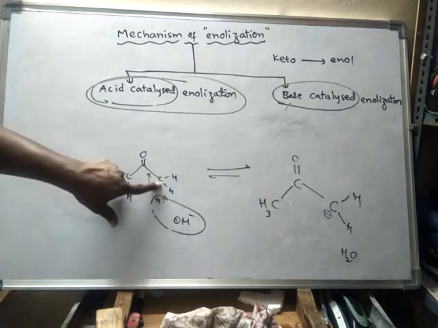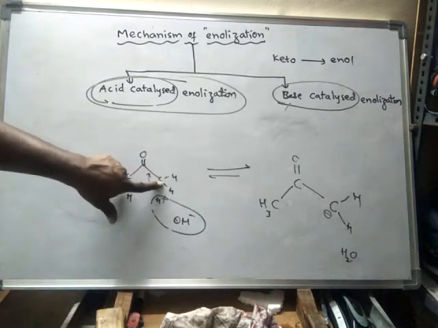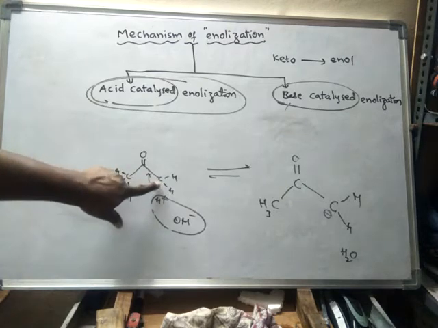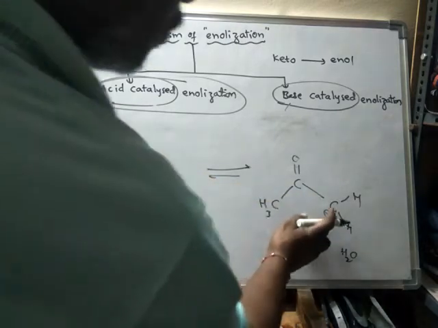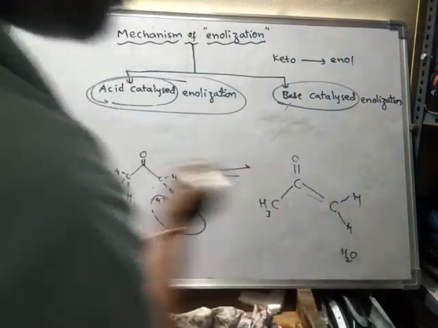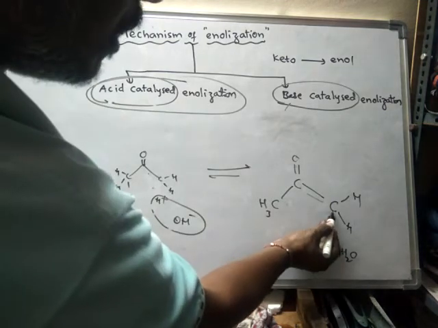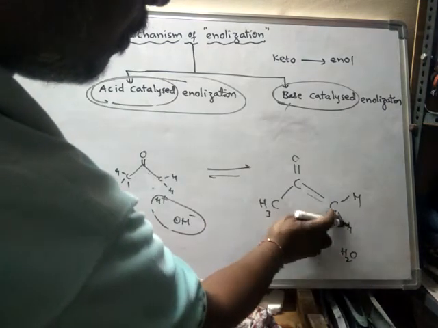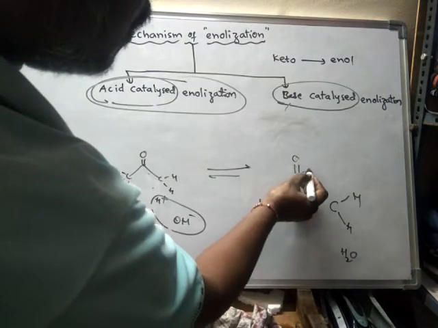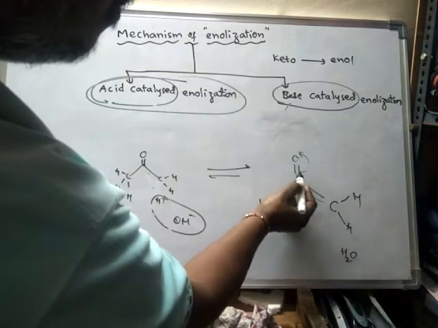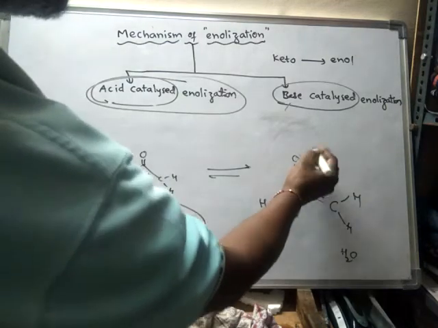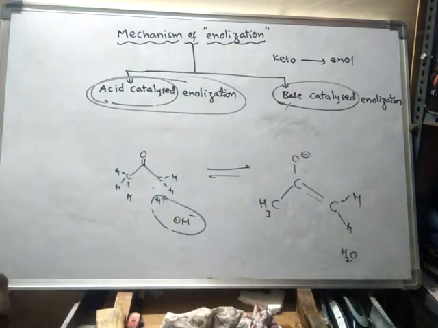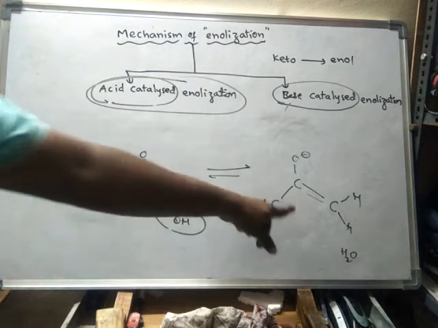These 2 electrons were initially taken by this carbon, and afterwards these 2 electrons are shifted between these 2 carbons to form a double bond here. Whenever this negative charge is shifted here to form a double bond, the double bond between carbon and oxygen will shift onto this oxygen to form O minus. Now it is called the enolate ion.